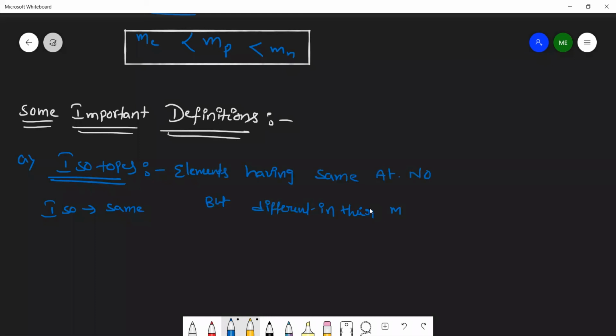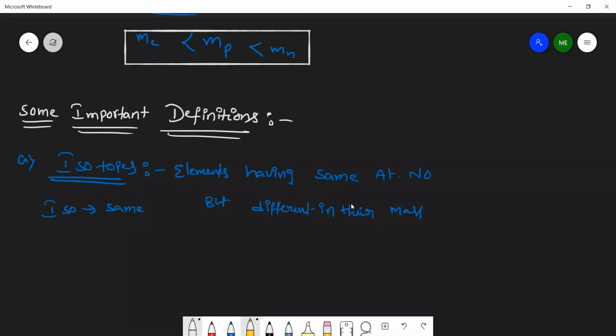Hydrogen has three isotopes, H1, H2, and H3. This element has the same atomic number. The atomic number Z is 1 here, here also 1, and here also 1.